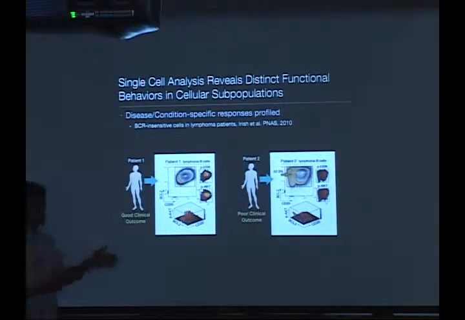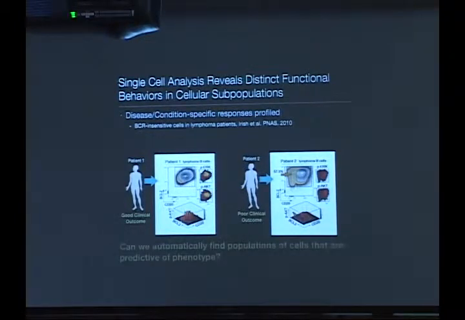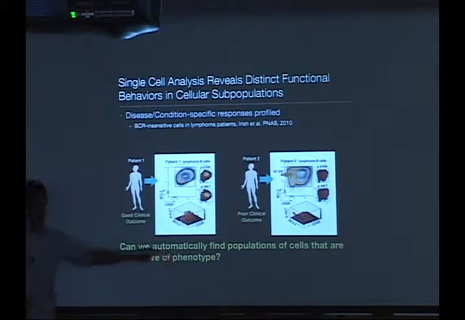When I tell you about the CD4 T cells or MRD or these B cells, the experimentalist had to do a lot of work in order to find what those cells were in the first place. And once they found them, then the interesting biology started to happen. So the work that I'm doing is really trying to help you answer the question, can you automatically find these cell subsets that will tell you something about your experimental endpoint of interest?